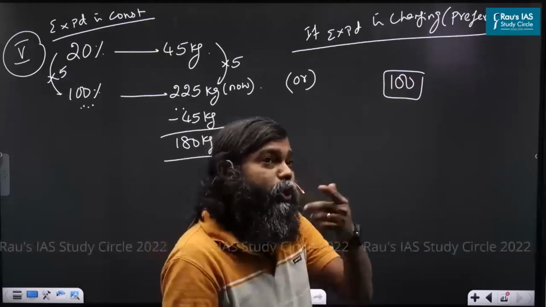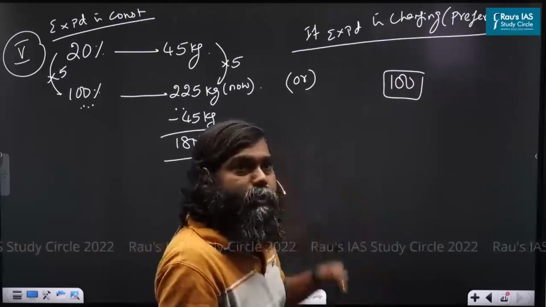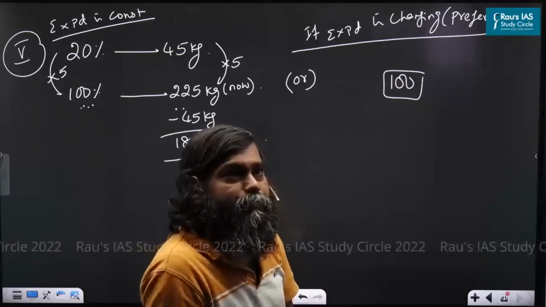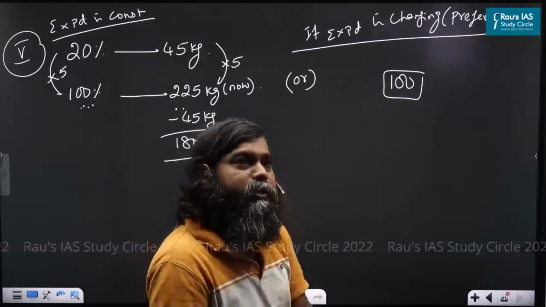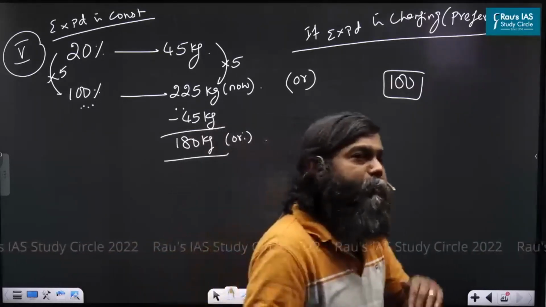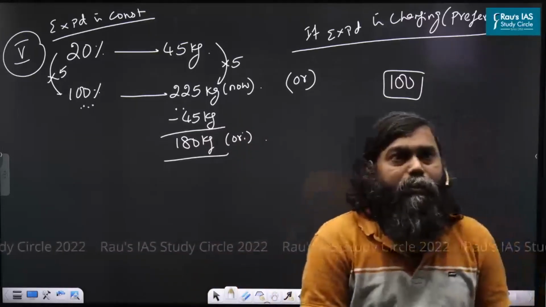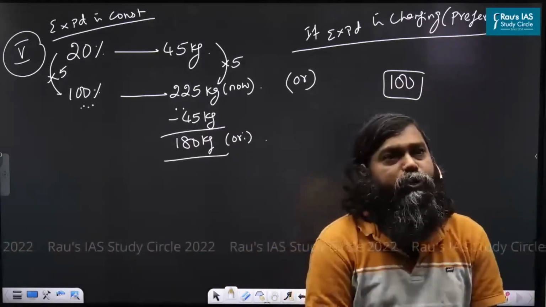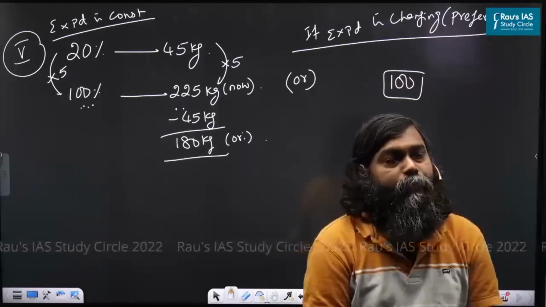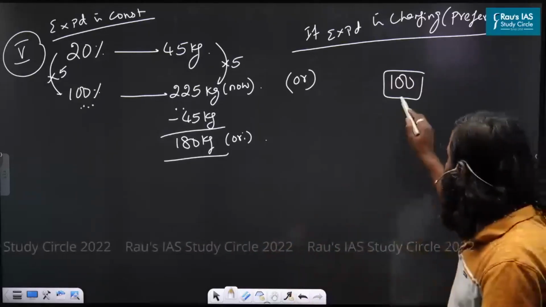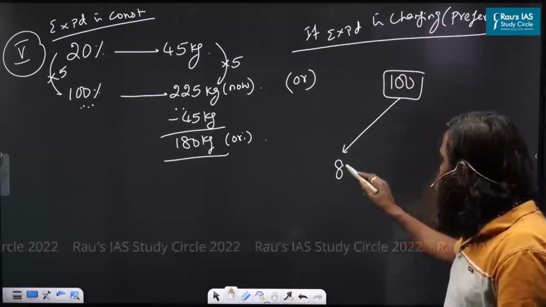Now, what happened to the price in this sugar question? Price decreased by 20%. What is the meaning? Expenditure is going to decrease by how much percent? 20. That means to purchase the same quantity, 80 rupees is sufficient.